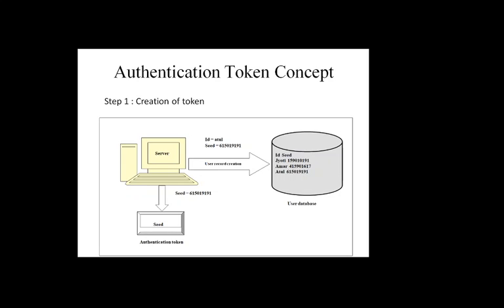Whatever this seed value is, the seed is stored or pre-programmed inside the token, and it is used for the authentication purpose. This seed value has to be entered by the user, and it is stored in the user database of the server.